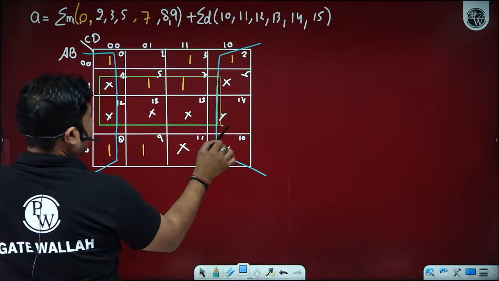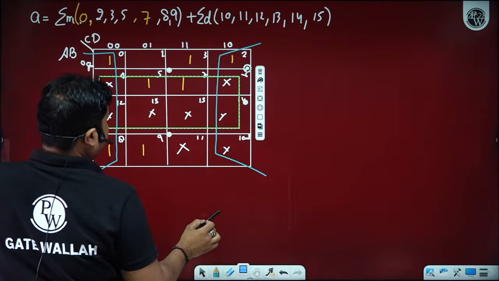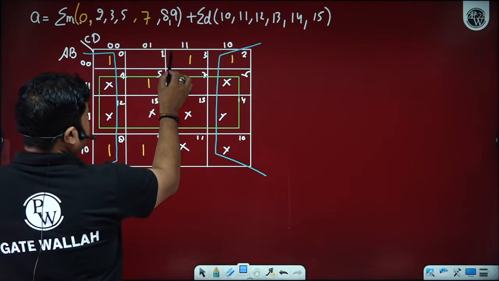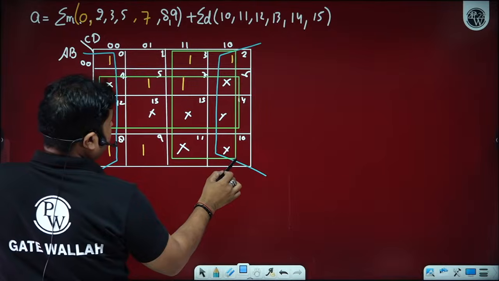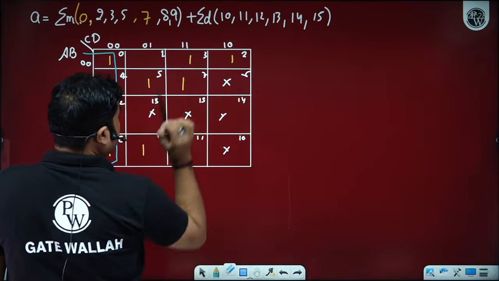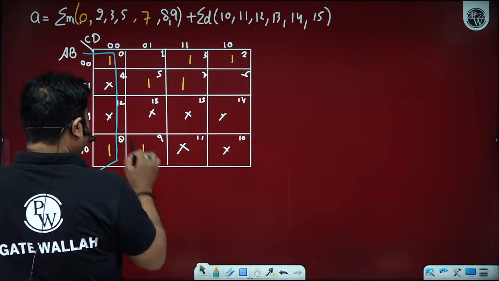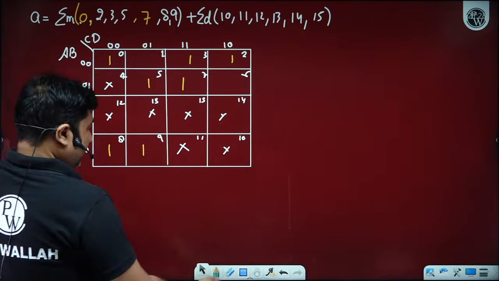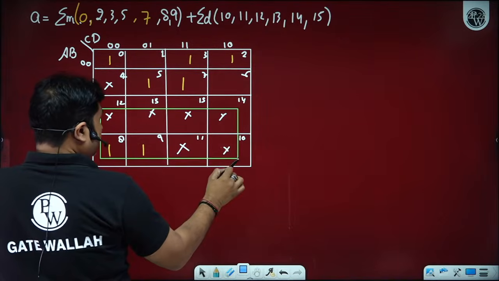This one. And we have one more possibility of an octet, sir. 6 is not there, so we can't have this octet. 6 is not there, na? 5, 7. Only one octet we have, this octet.